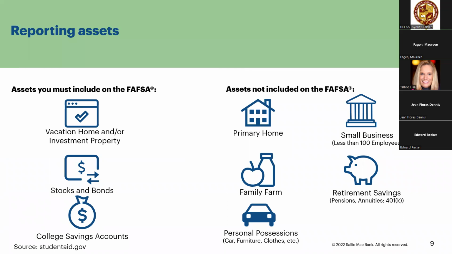Do students and families need to report those as well on the FAFSA? Yes. So we went real high level with the big investment properties, but frankly, for checking and savings, what you have on the day that you are completing the FAFSA, you need to indicate. Really good question.